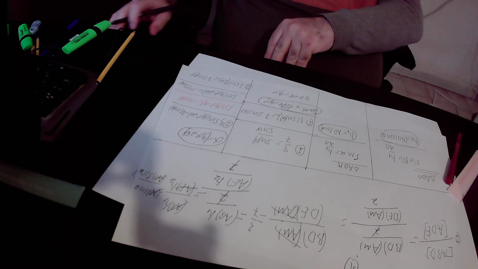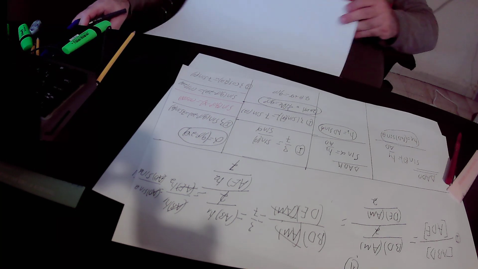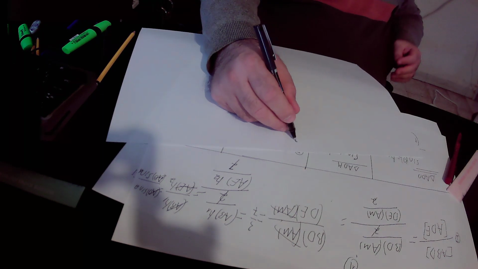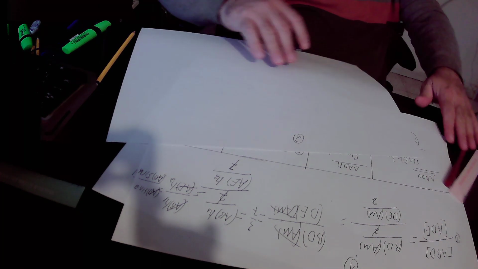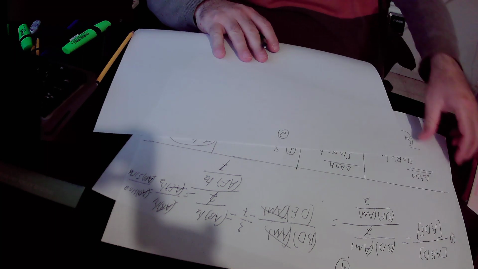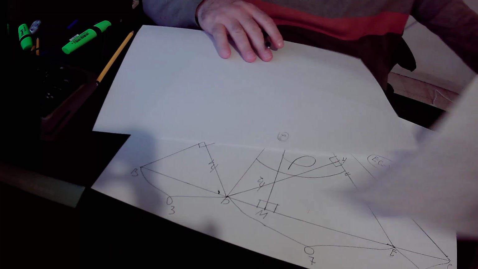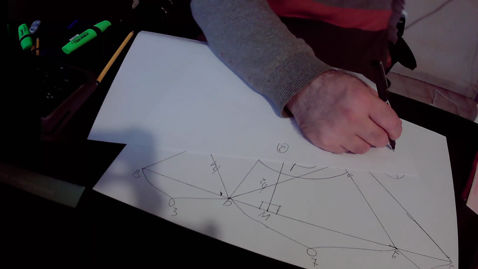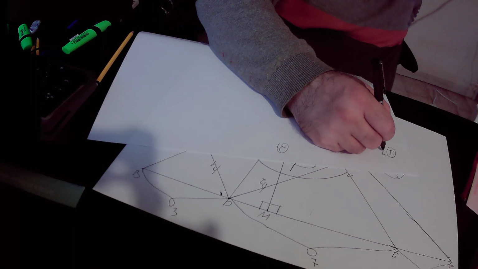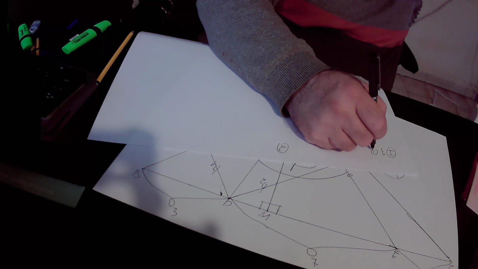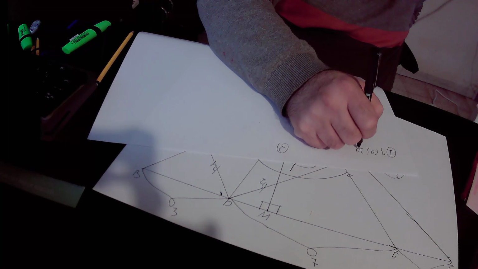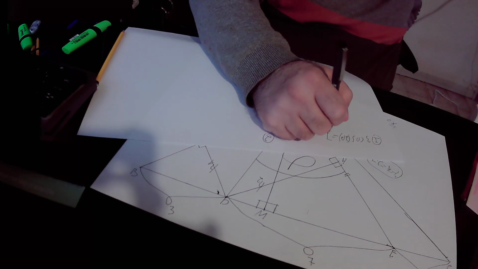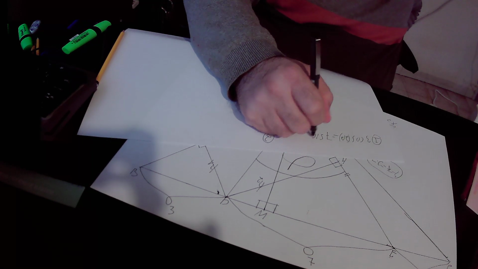So I will copy equation number 1 in the new page. According to equation number 1, we found out that 3 times cosine 2 theta is equal to 7 times sine theta.